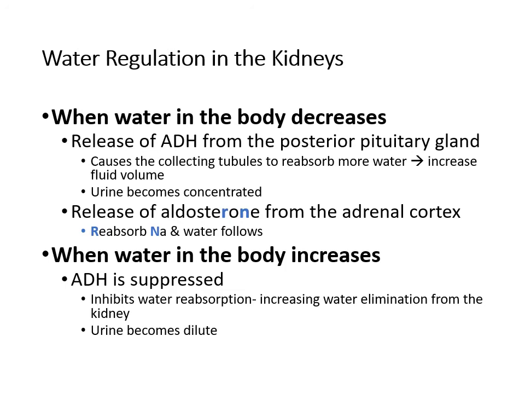And that is going to result in increased water reabsorption in the kidneys back into the bloodstream. So it will increase fluid volume. That's perfect. That's exactly what you want to do if you're not maintaining proper fluid intake.